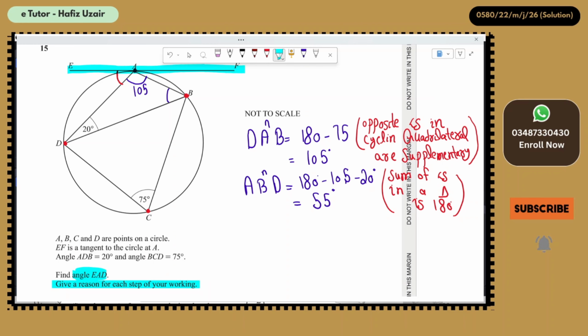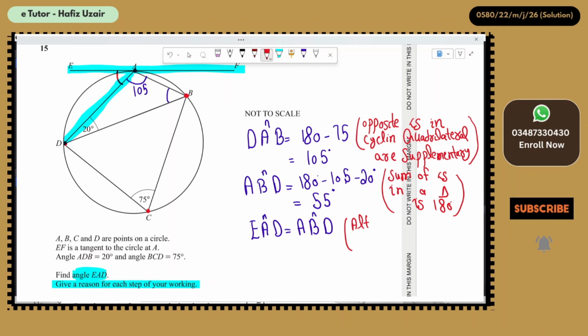Now by using the alternate segment theorem, the angle between tangent and chord, so this is the tangent, is the same as the angle that this chord is making at the circumference. So these two angles are equal, and we can say that EAD is equal to ABD. And the reason for that is the alternate segment theorem.